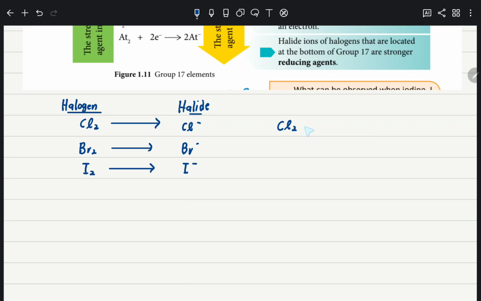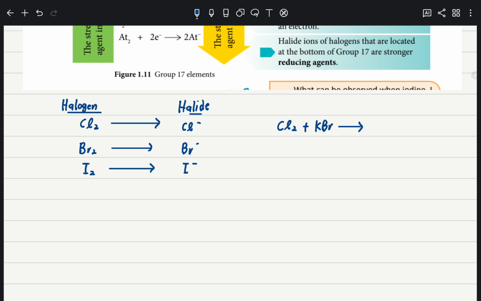Then my halide is anything. So among all of these, because my halogen is chlorine, I cannot choose chloride as my halide. I have to choose either bromide or iodide. So let's say I choose bromide. I take KBr. It produces what? Before that, I want to ask you, can this reaction happen or not?